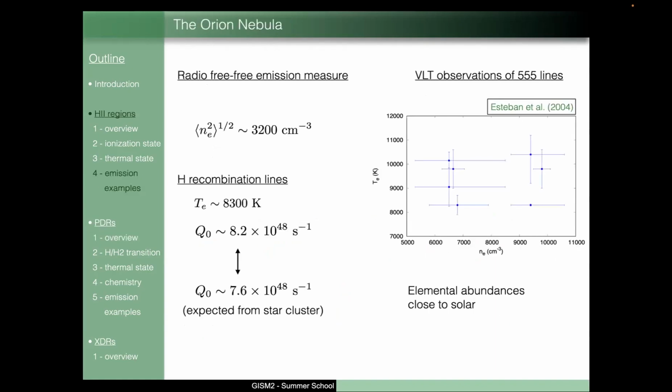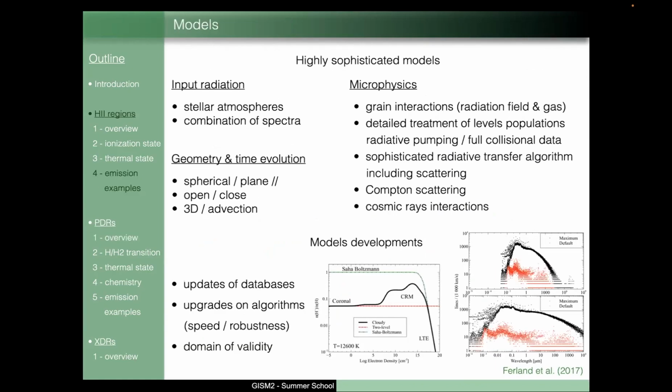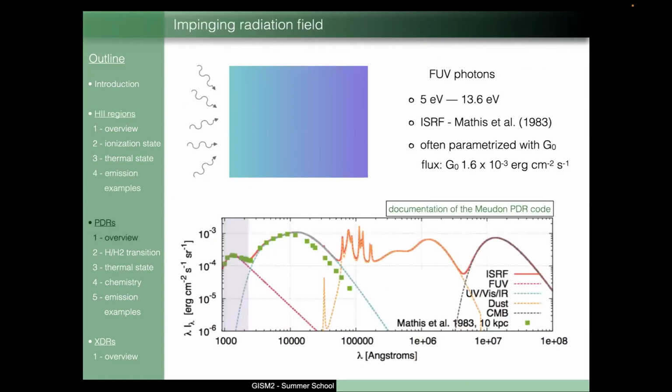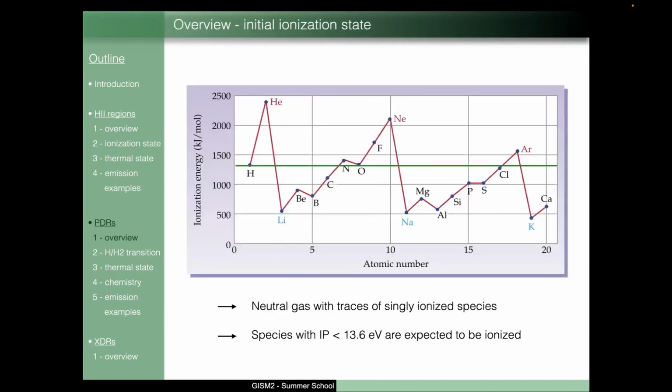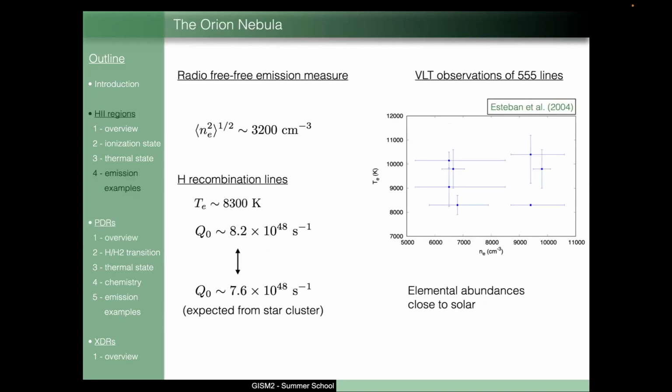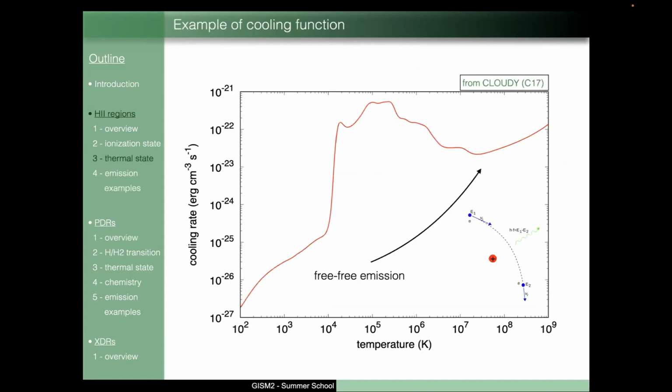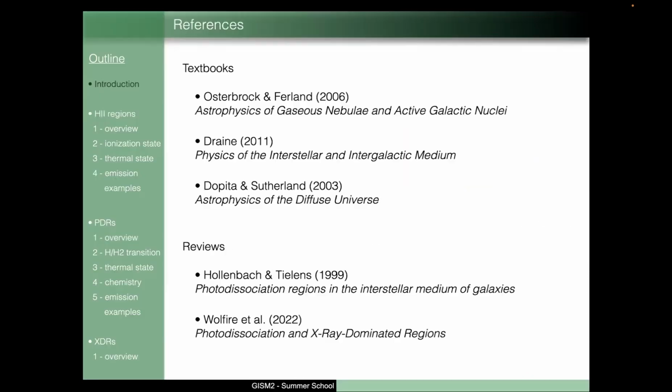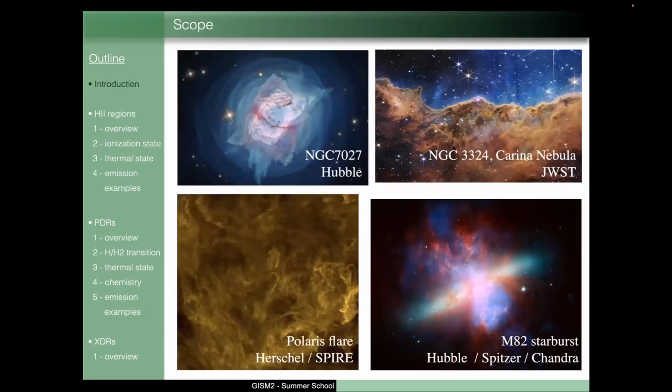But there are many geometries in which it wouldn't necessarily work. Maybe I should say two things. First, the diffuse gas is basically a gigantic PDR, but it's absolutely not a 1D slab.